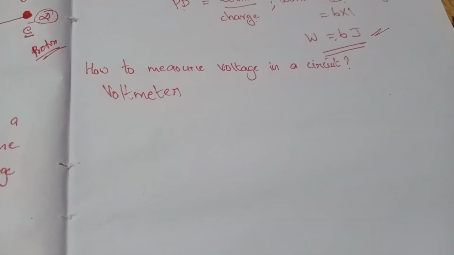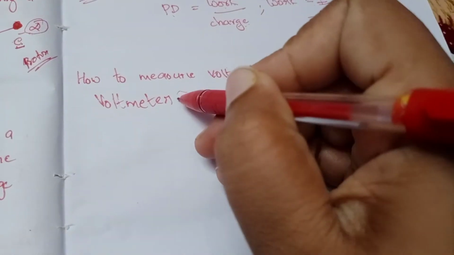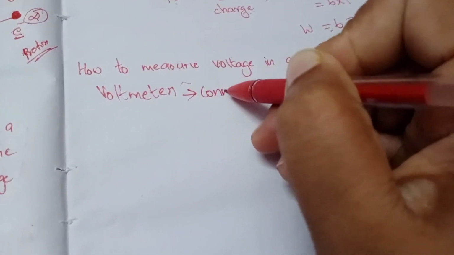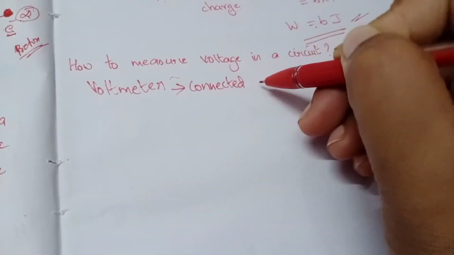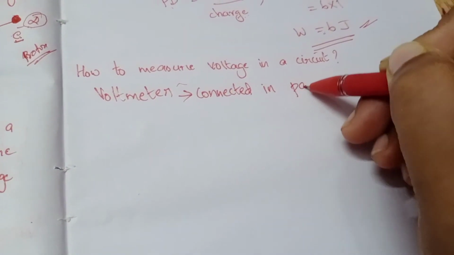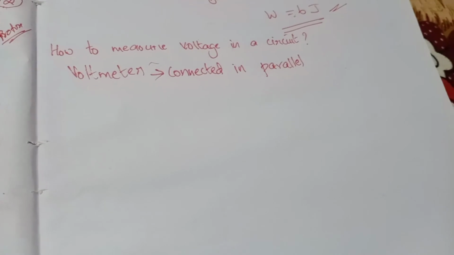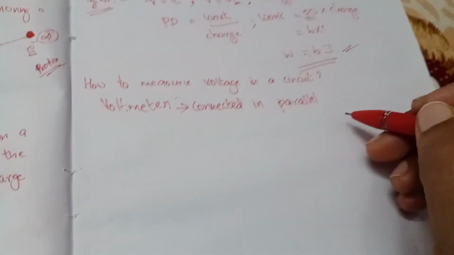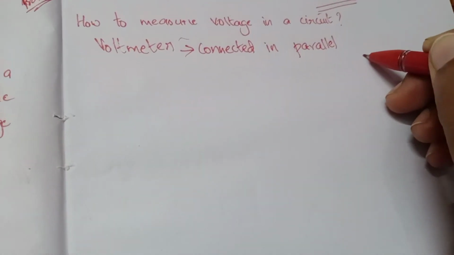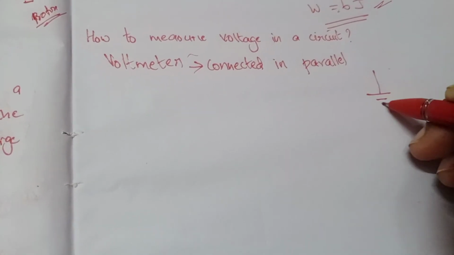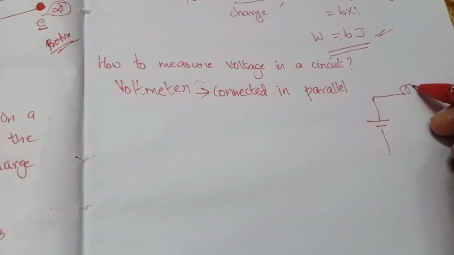Always keep in mind that the voltmeter will always be connected in parallel to the device for which the potential difference, or the voltage, has to be calculated. For example, we have a circuit here and I am connecting a lamp.